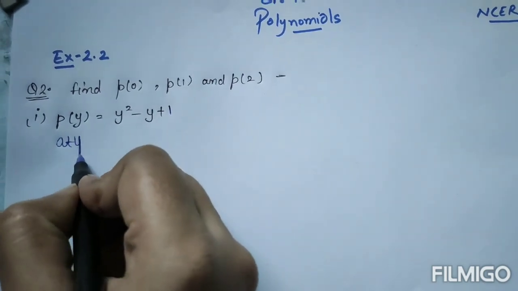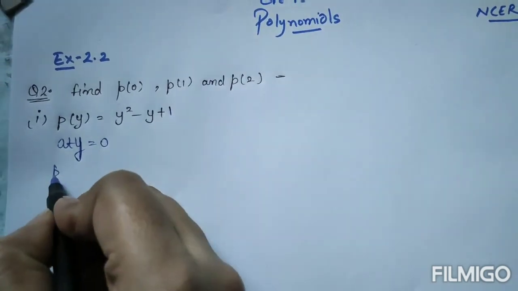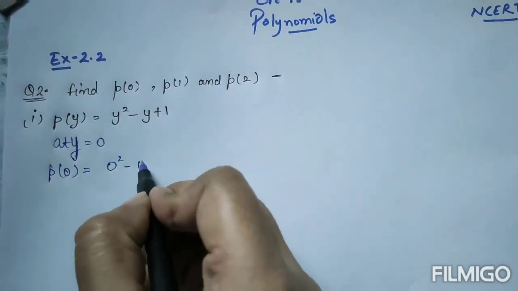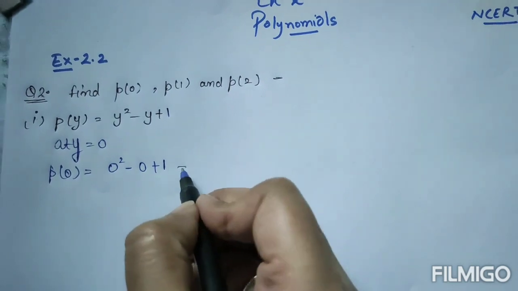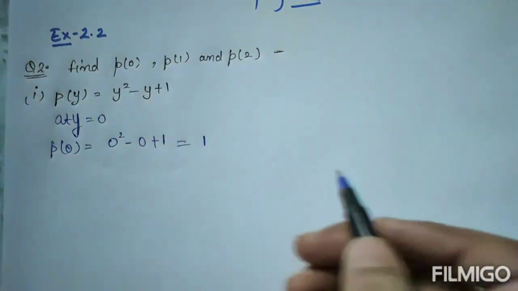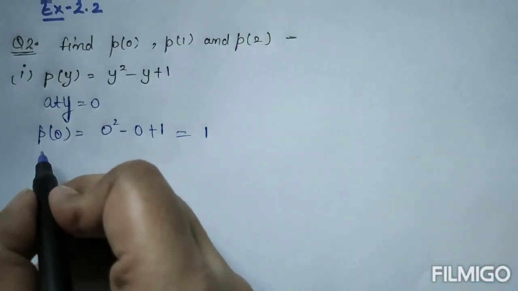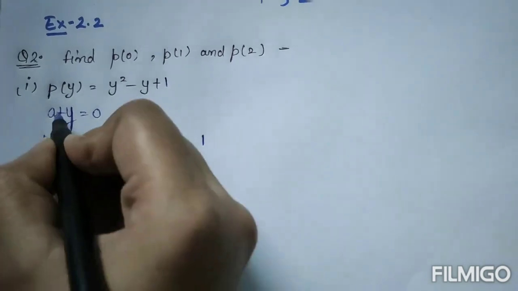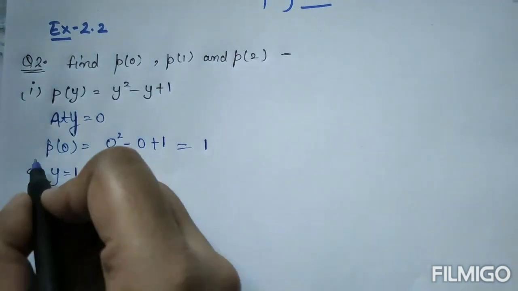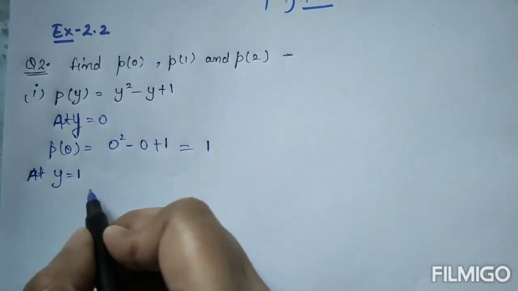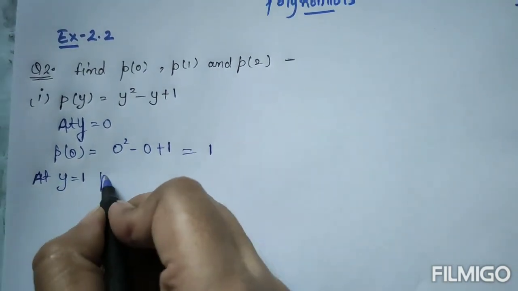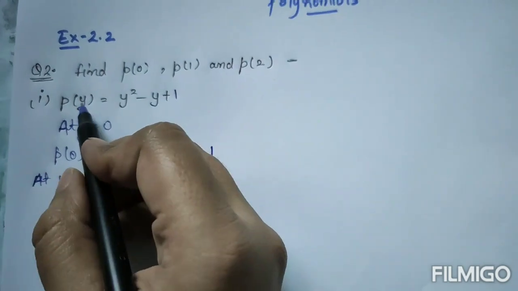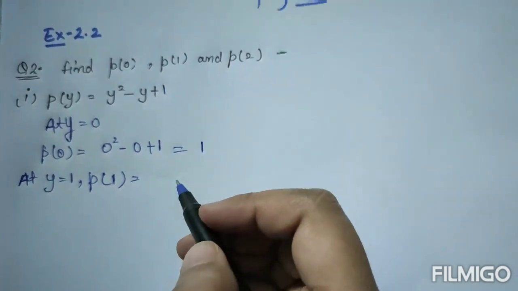At y equal to 0, p of 0 will be 0 square minus 0 plus 1. So the answer will be 1. p of 0 will be 1. Now at y equal to 1, p of 1, that is, you have to put y equal to 1.